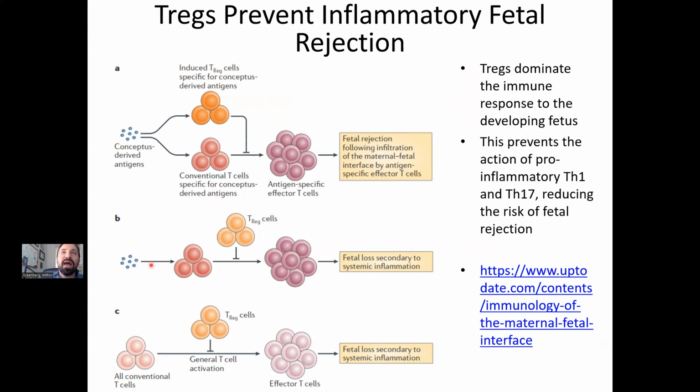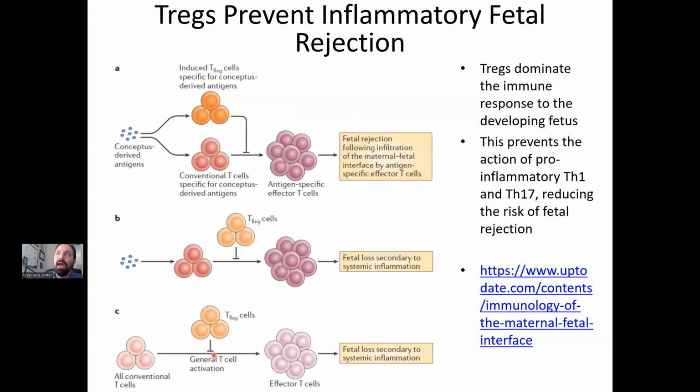So if you have conceptus-derived antigens activating conventional T cells, these regulatory cells can now help suppress those activated immune cells and then prevent fetal loss that is secondary to systemic inflammation. You can also have regulatory T cells that are suppressing general T cell activation.